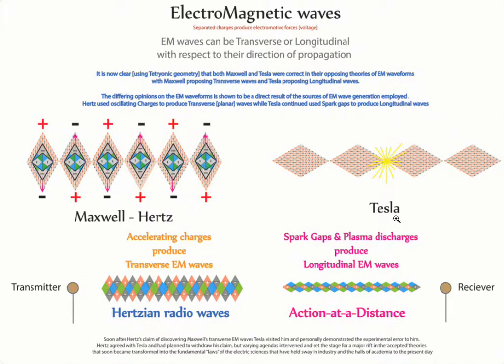So we've lost a lot of the information and development that Tesla did with longitudinal waves, and in some cases it's actively discouraged as a crank or a misguided technology, because the mathematics describes transverse waves but doesn't describe the longitudinal waves. Again, the geometry shows us the way. It's the geometry that is the foundation for the mathematics, and once we have the geometry in place, we can reveal the differences between the two and then put the differences to use within technology.